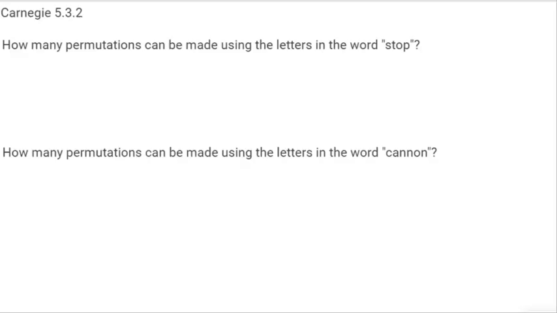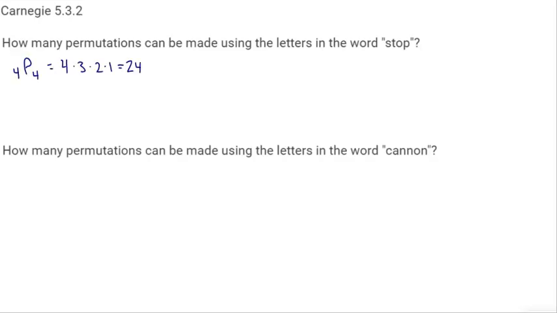So if I wanted to know how many permutations I could make using the word stop, I would do a permutation of a set of 4 using all 4 elements. So just like in our first example, we would do 4 permutations of 4 by multiplying the integers from 4, counting down.